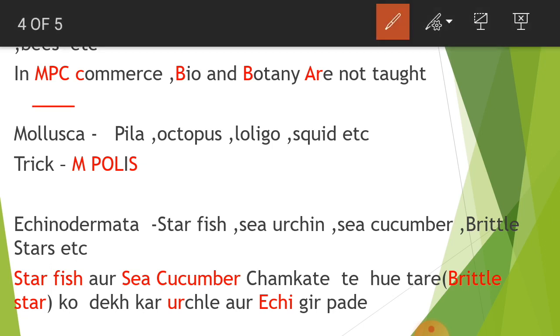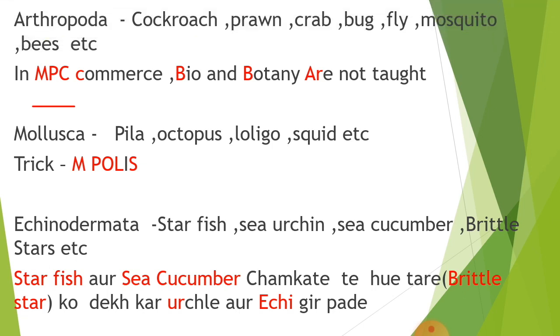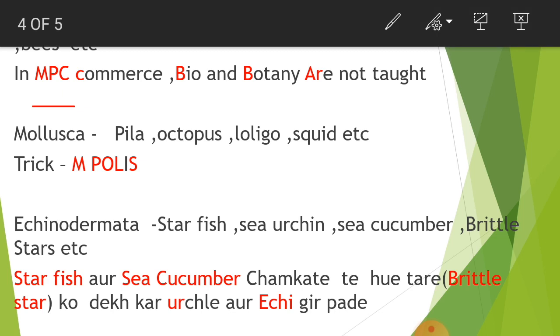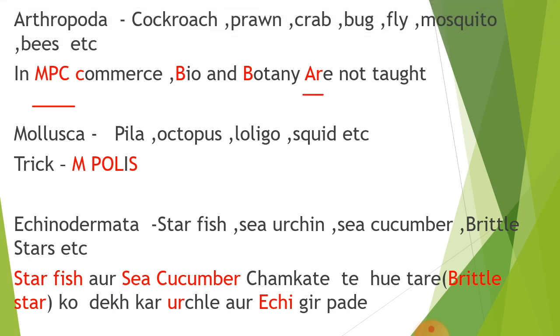So what is M? M is mosquito, P is prawn, and C is cockroach. One more C contributes to crab, followed by B, that is bug, and one more B is bees. From this R, you can take only AR, or "not taught," that is Arthropoda.